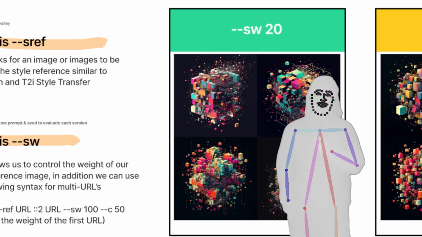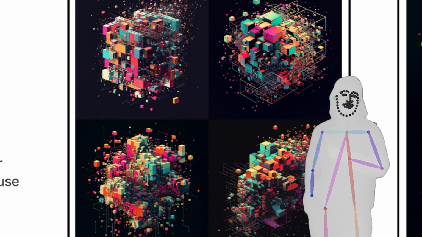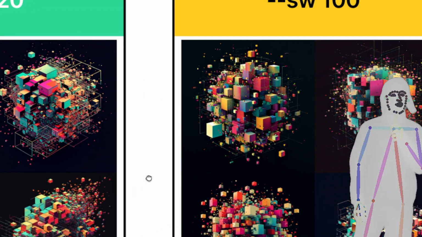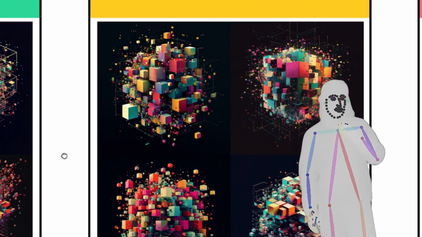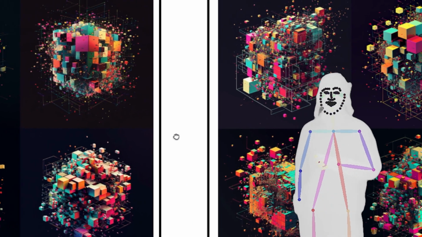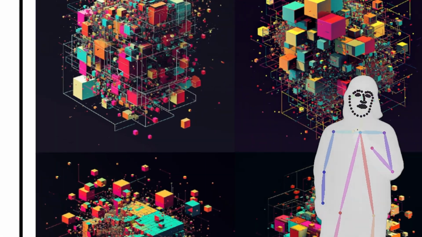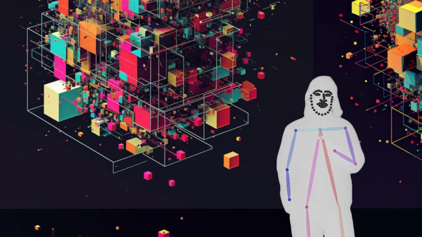If we look at the different style weights, here we have style weight 20. And next, style weight 100. And then finally, 1000. Style weight 1000 is the hardest it's going to go.